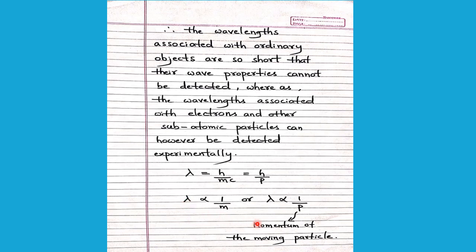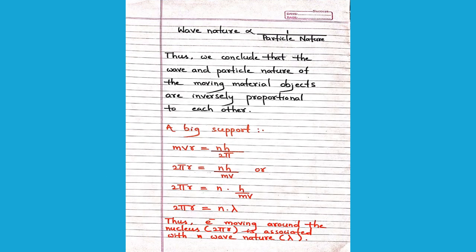The lesser the mass, the more the wavelength. I wrote the same thing here: for microscopic, less mass, larger wavelength; for macroscopic, more mass, lesser wavelength. He has concluded this with the equations also. So wave nature is inversely proportional to the particle nature. Thus, we conclude that the wave and particle nature of moving material objects are inversely proportional to each other.